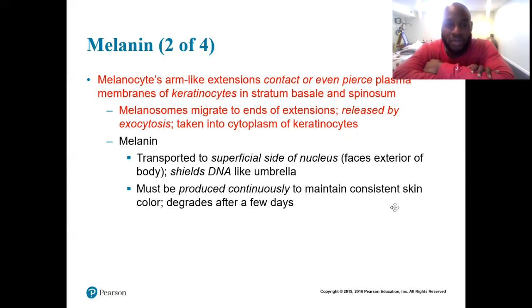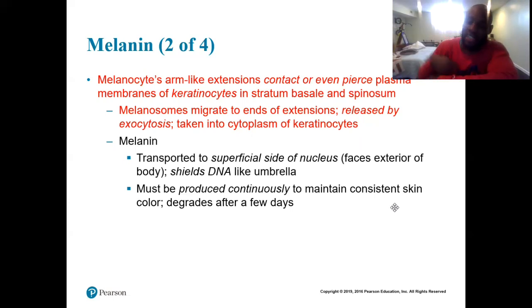And then the melanosomes migrate to the end of the extent. Those are the vesicles containing the melanin, and they're released by exocytosis and taken into the cytoplasm of the keratinocytes. Remember, these keratinocytes near the base, in the stratum basale and spinosum, are still mitotically active.